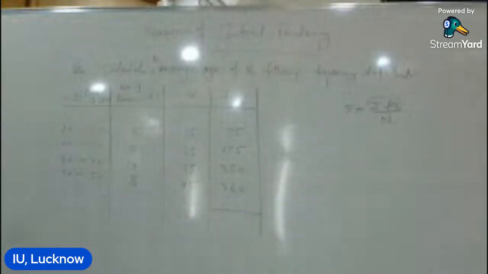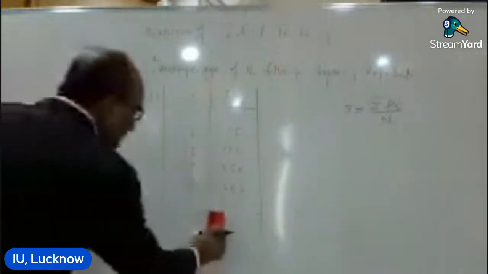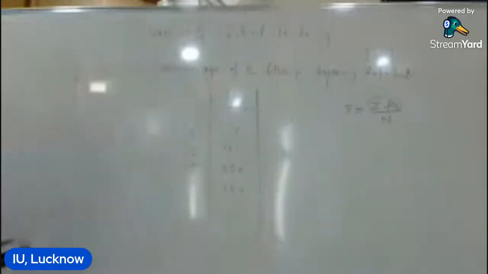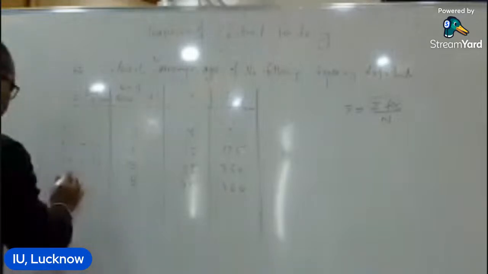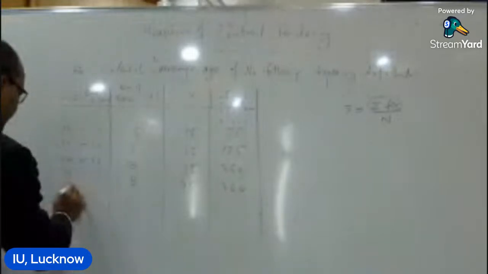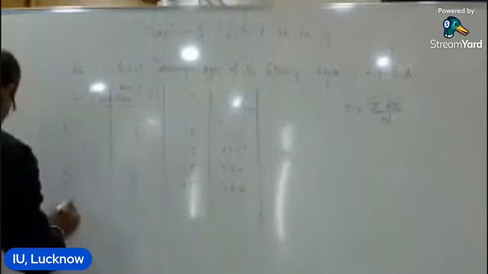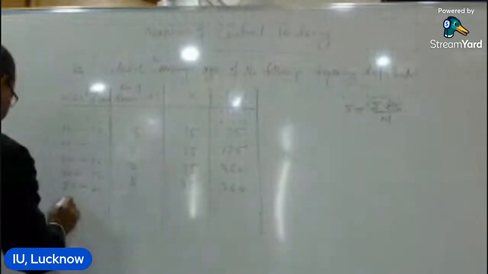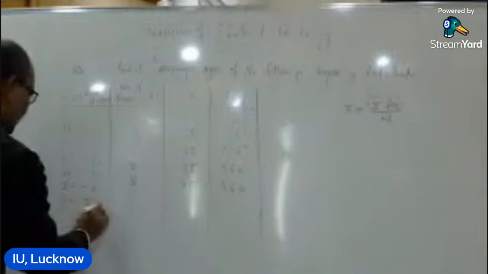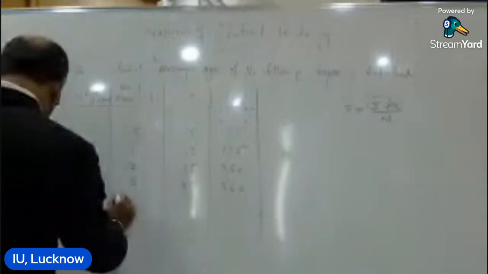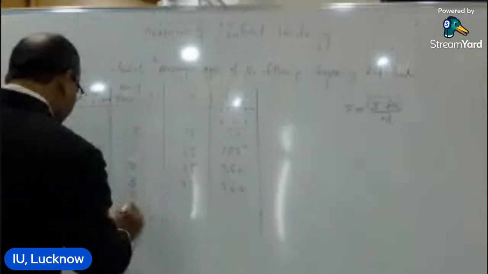Because there are some more data which we forgot here. So this is 40 to 50, and again the data is not complete. So we have some more data, 50 to 60 and 60 to 70. The frequency of 50 to 60 is 6 and 4.